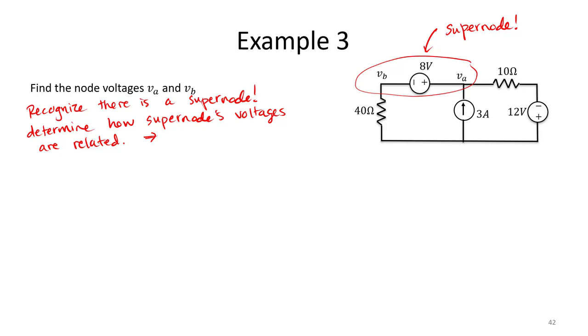So here we determine that VB plus 8 volts, because again we are gaining 8 volts if we walk from VB to VA, VB plus 8 volts must be equal to VA. Because if I walk from VB to VA, I am gaining plus 8 volts.